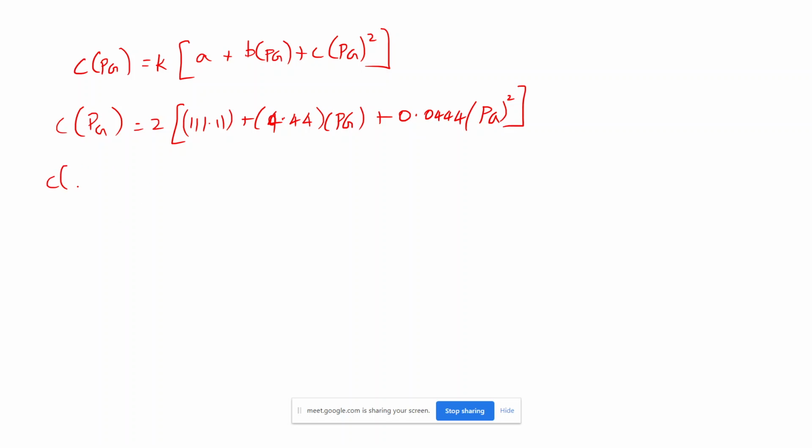Otherwise the same thing I can write like this: Pg is equal to 222.22 plus 8.88 Pg plus, and if you multiply this, then you will get 0.0888 Pg square. So this is the cost.